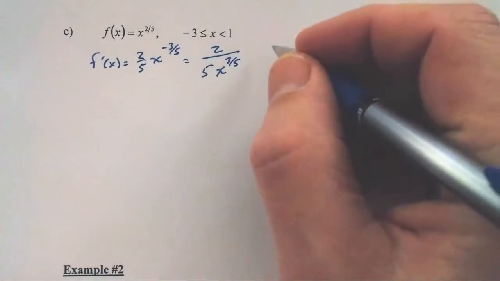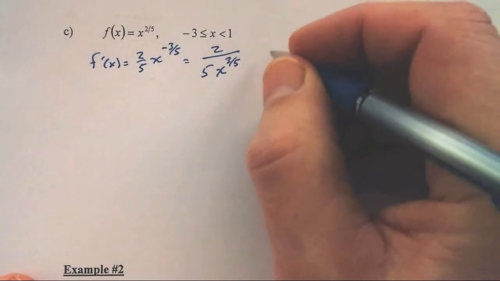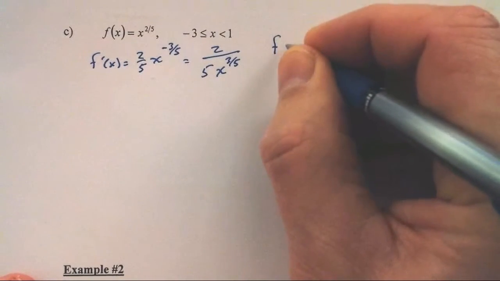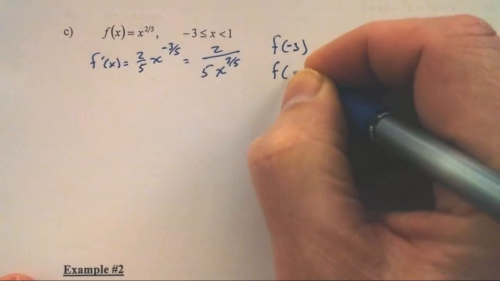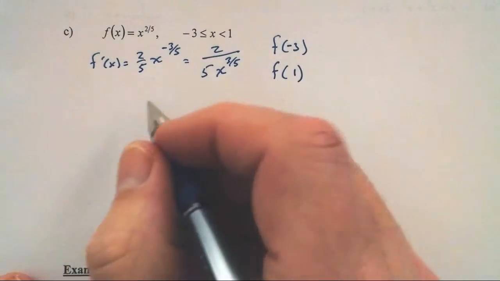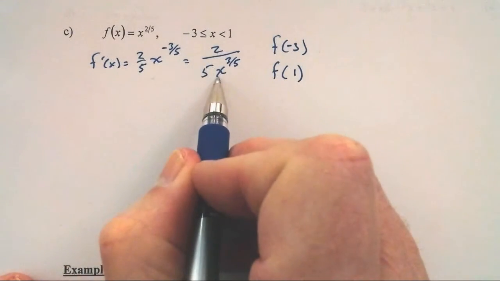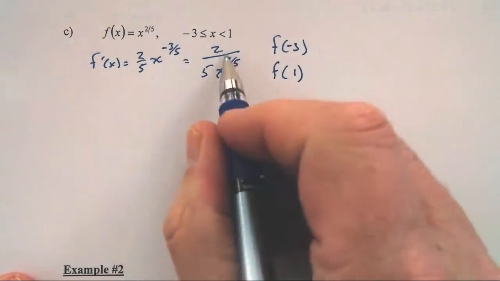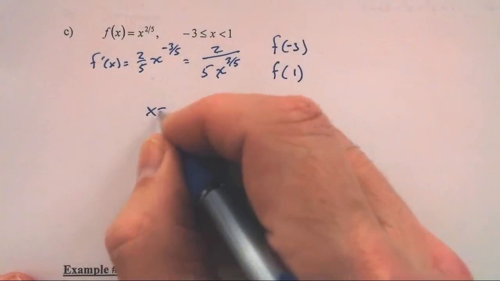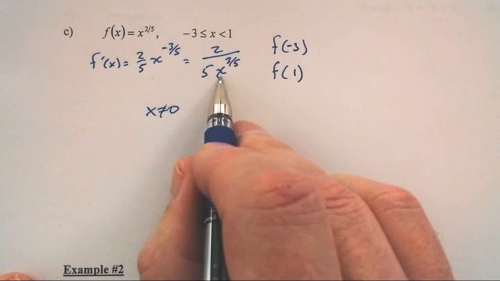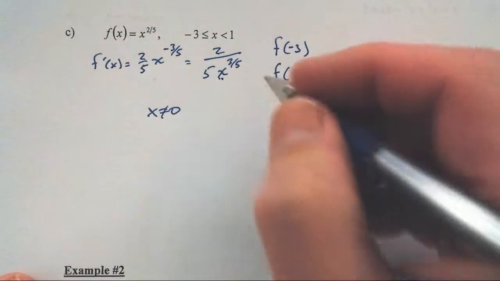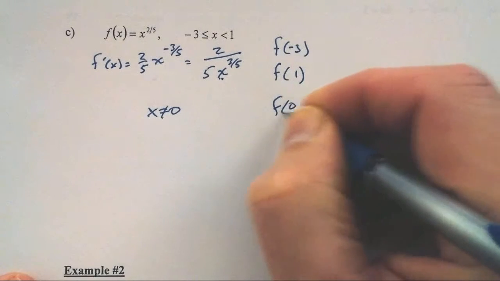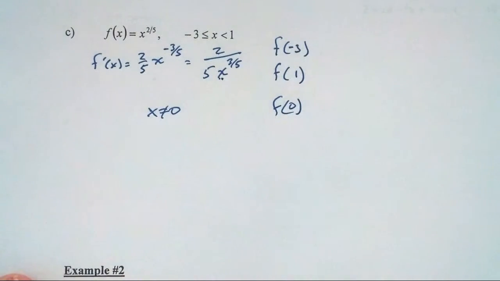Okay, so we need to find f of -3 and f of 1, because again, if we set this equal to 0, we get no solutions, but we also have to find that x cannot be 0. It's not differentiable at 0, so something interesting is going on there. So we also need to find f at 0. That might be a corner point or a cusp.